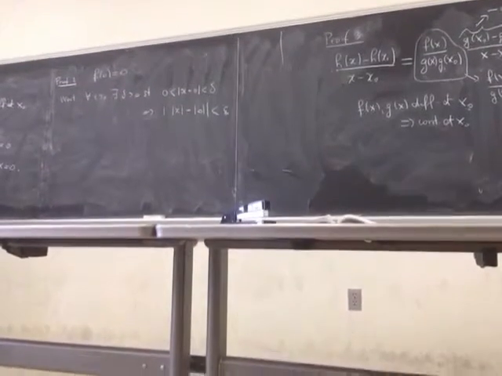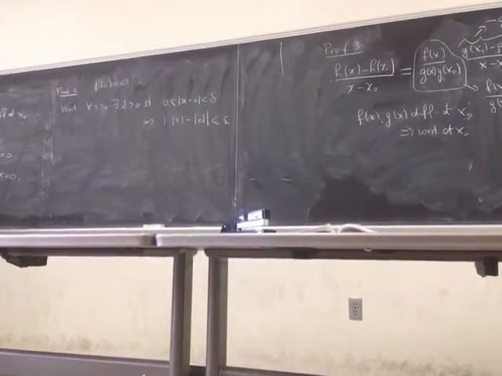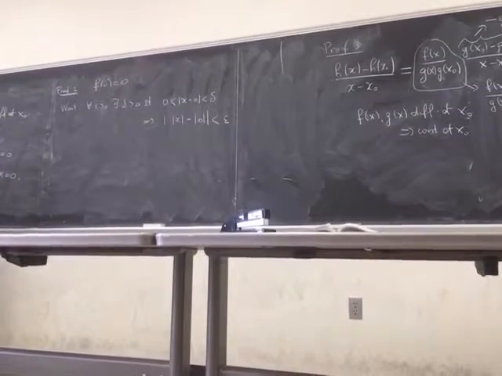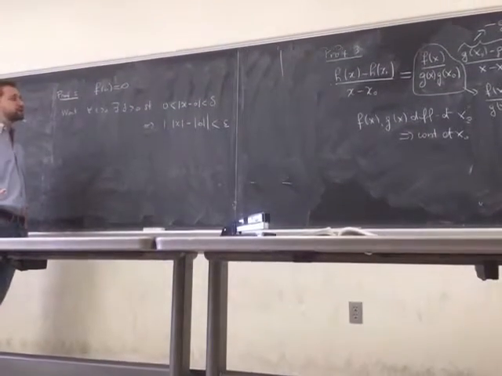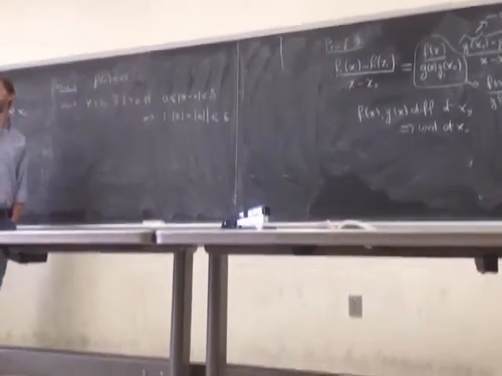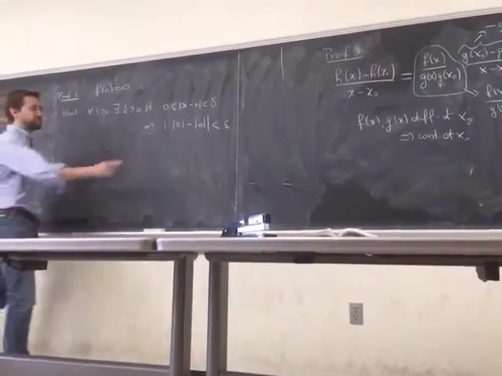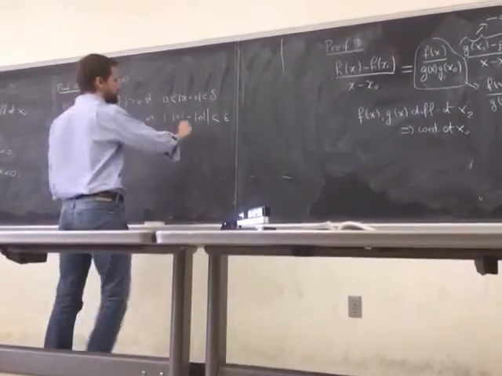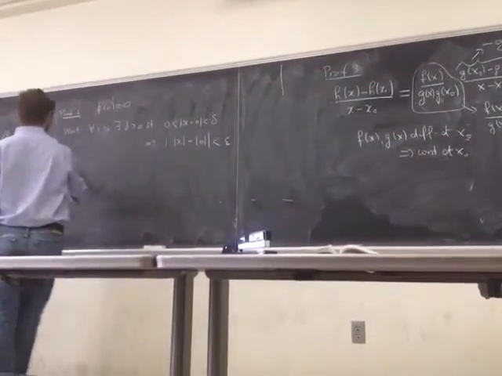I'm just writing down the definition of continuity for this function at 0, but that's trivial, right? So given epsilon, you just pick delta equal to epsilon, and you're done, right?